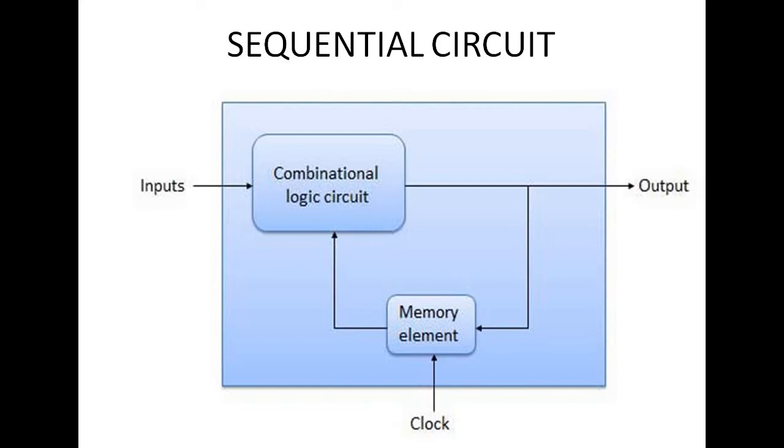This is the difference. If anyone asks you for examples of combinational circuits, you can say adders, subtractors, multiplexers, demultiplexers, encoders, decoders. What are examples of sequential circuits? Most importantly, flip-flops are the best example of a sequential circuit.